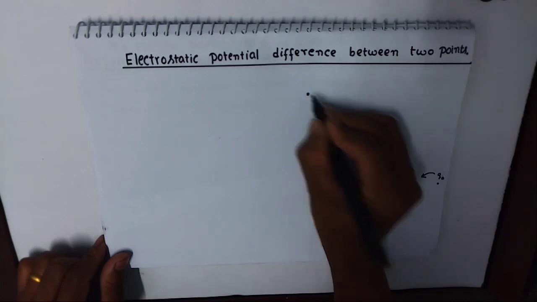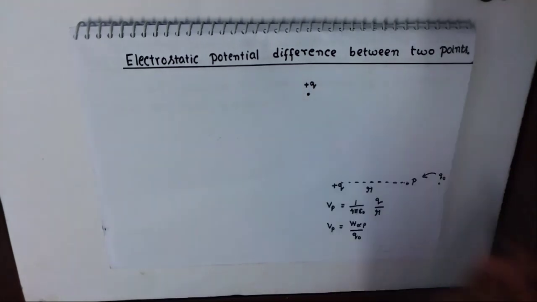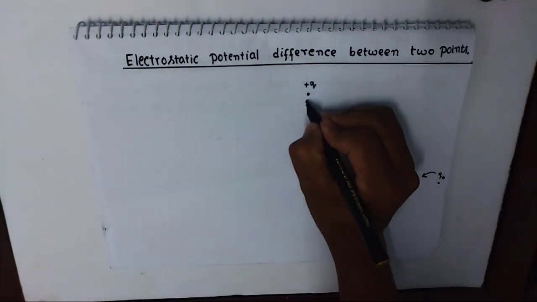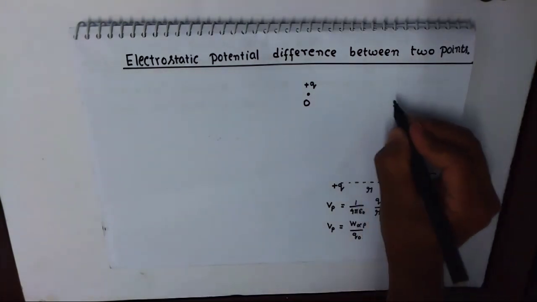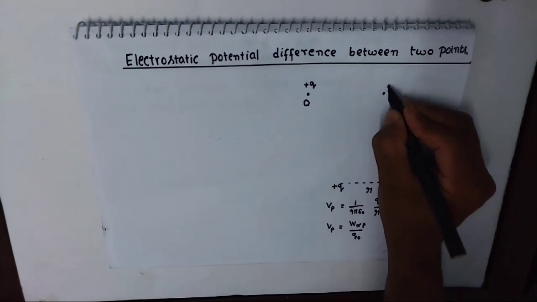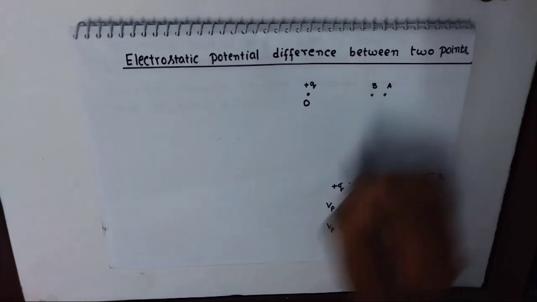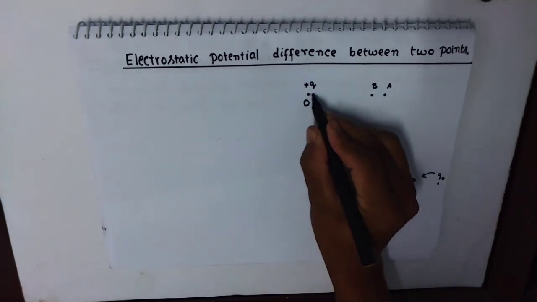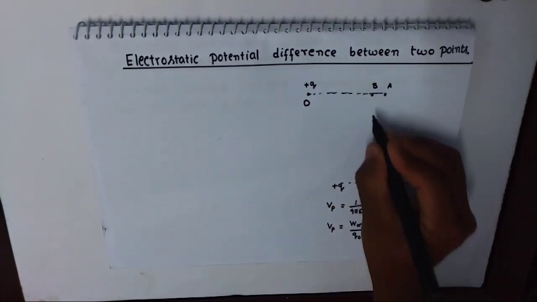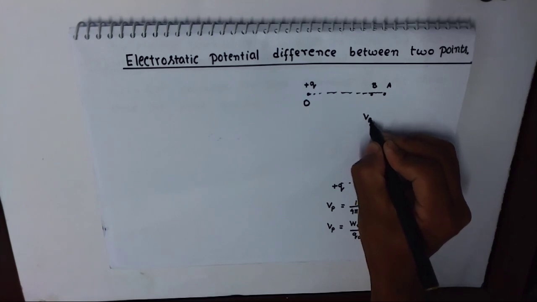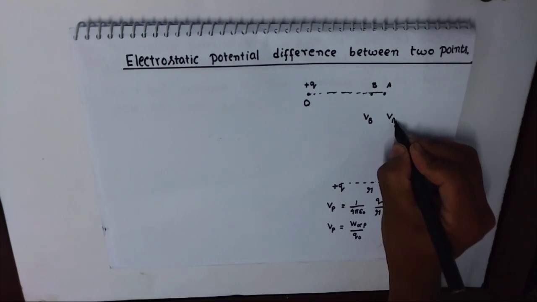So first of all, let us consider a positive test charge Q located somewhere here at O. Say at any point A and B along this line, the potential at this point it is Vb, and the potential at this point A, say it is Va.